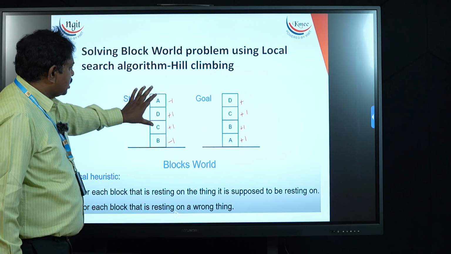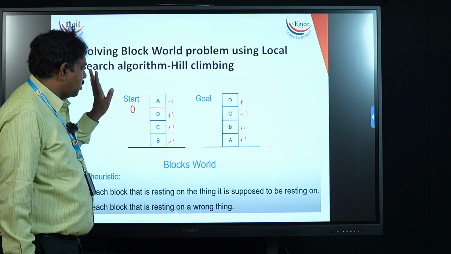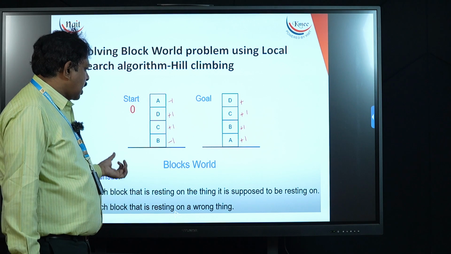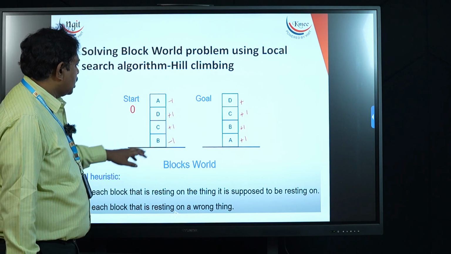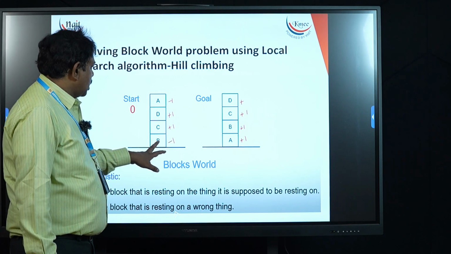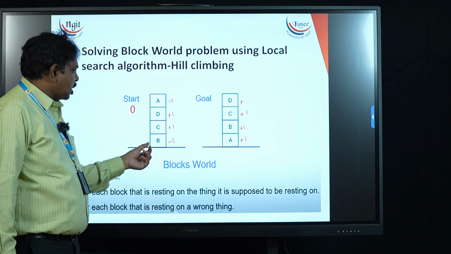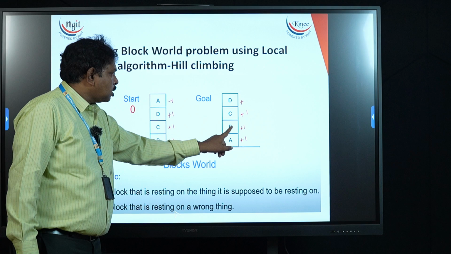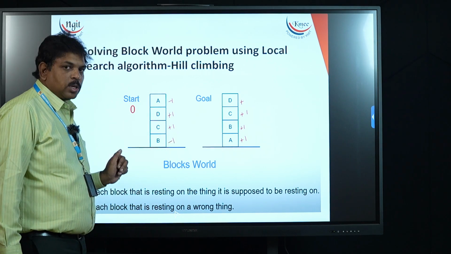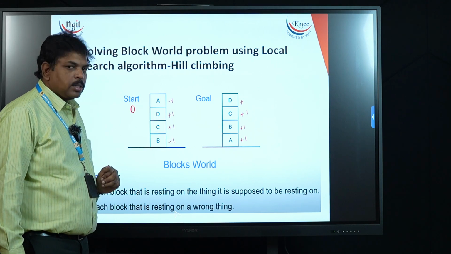Suppose here C rests on B, D rests on C, A rests on B. If something rests as it is supposed to in the goal state, we give +1. Suppose in the goal state B is on top of A, but here B is at the start, so I assign -1. In the goal state C is on top of B, that is why I assign +1. In the goal state D is on top of C, I assign +1.